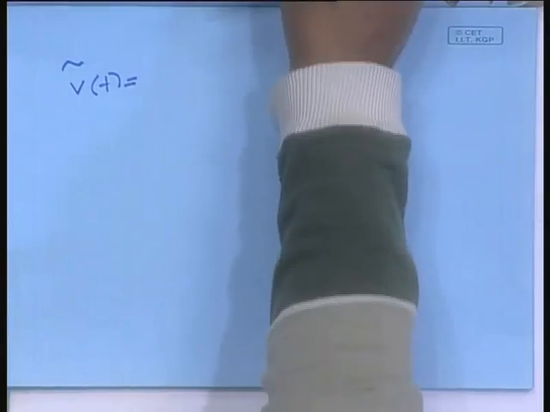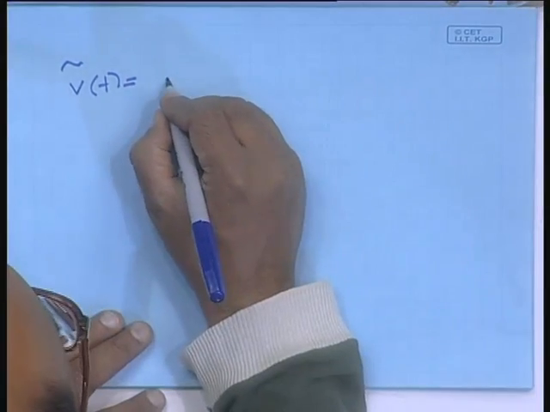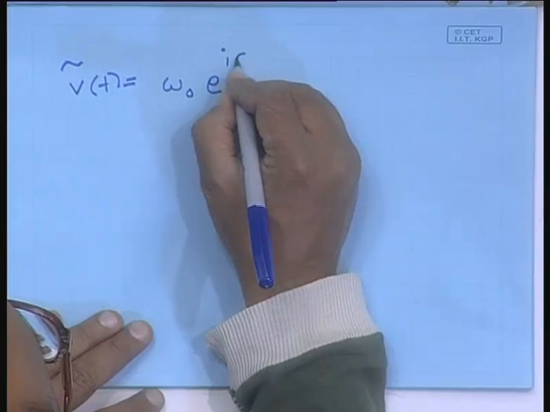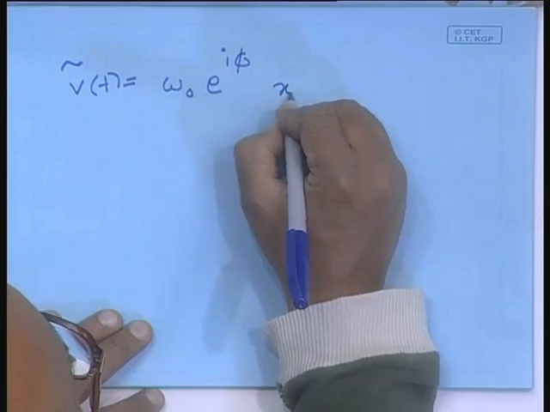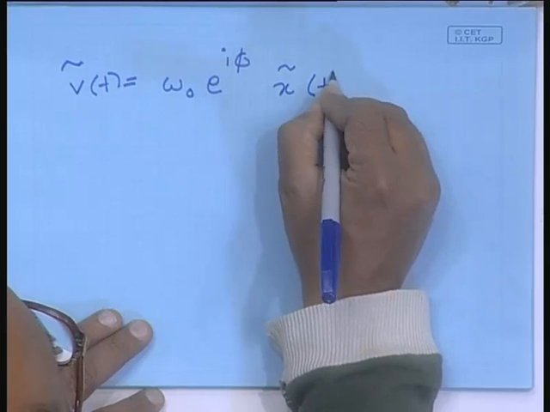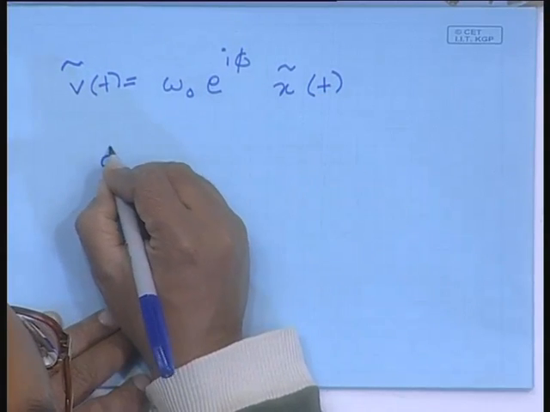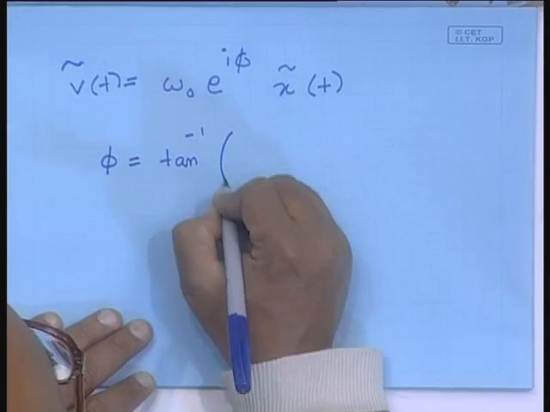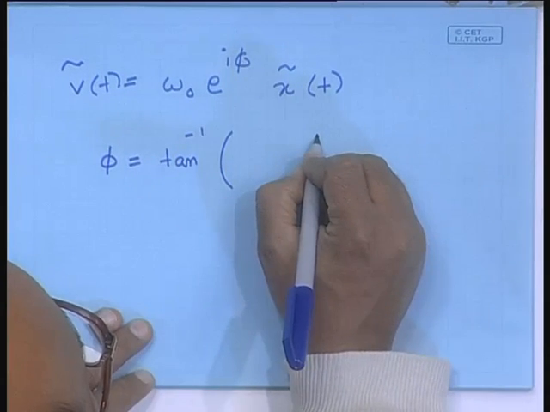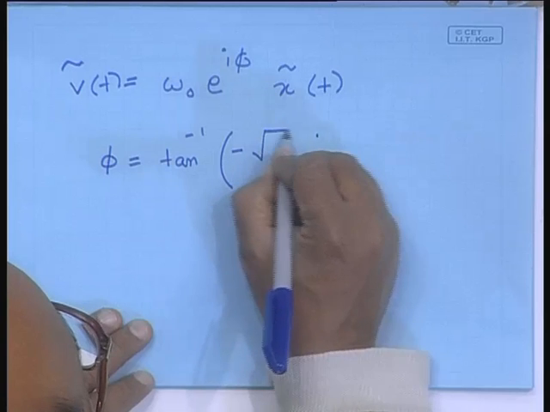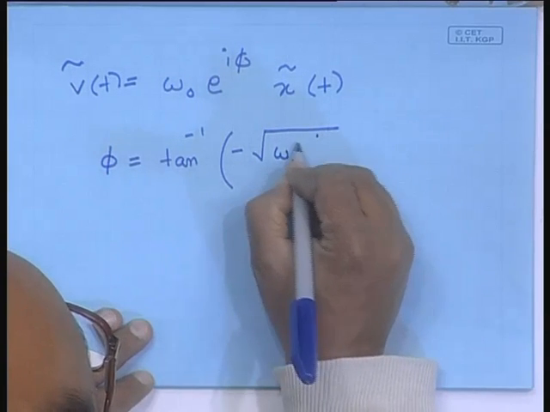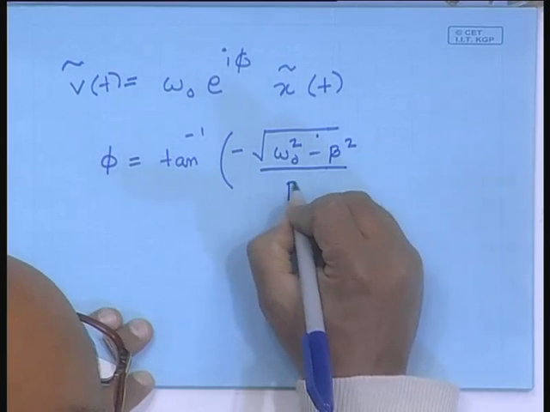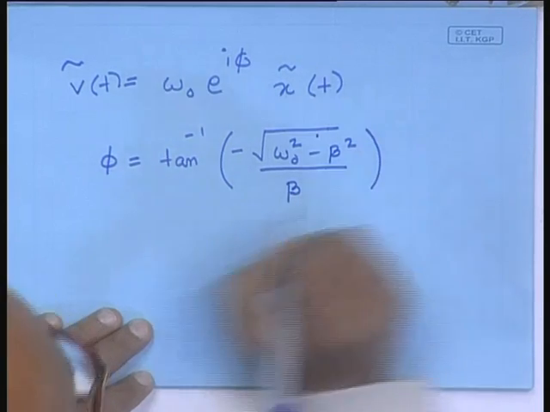So, we can write v tilde as the amplitude omega naught into e to the power i phi into x tilde of t, where phi is tan inverse of minus omega by beta, and omega, recollect, is the square root of omega naught square minus beta square, this whole thing divided by beta.